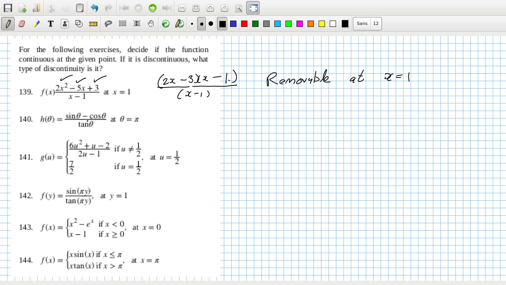That's interesting because tan of pi is 0. So this is moving towards 0. Sine of pi, that's 0 as well, isn't it?